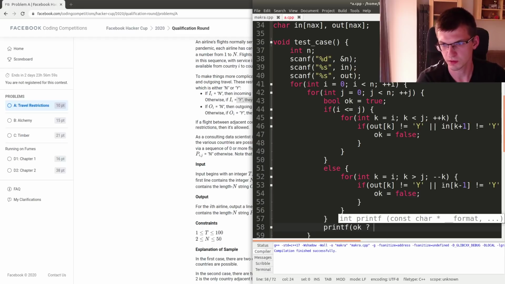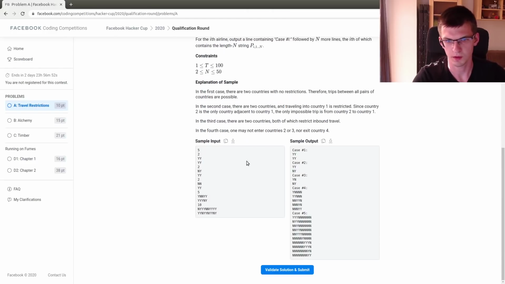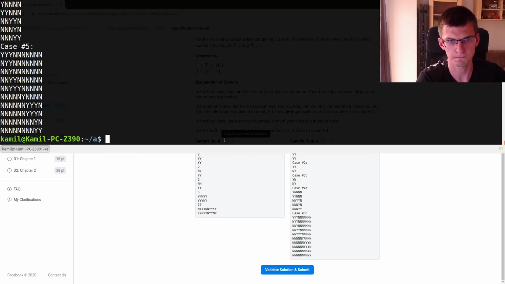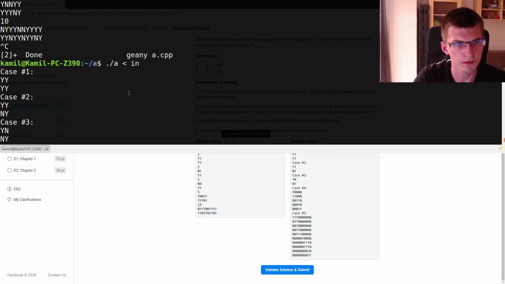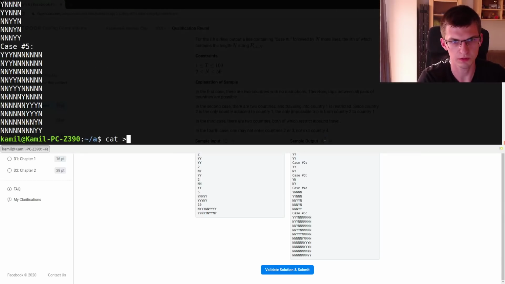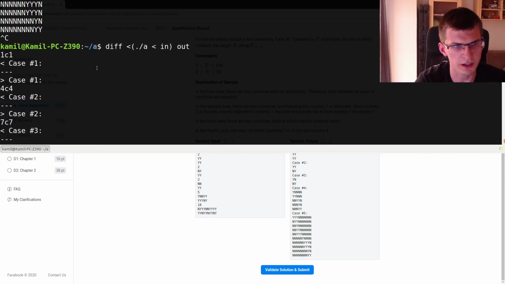Print. Copy. Looks so reasonable. Diff. There's like white space going on.